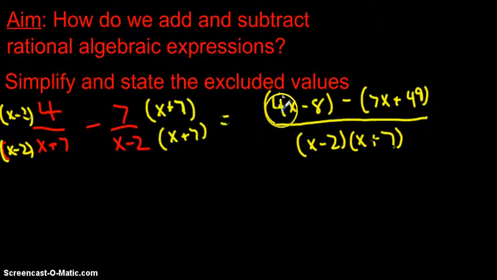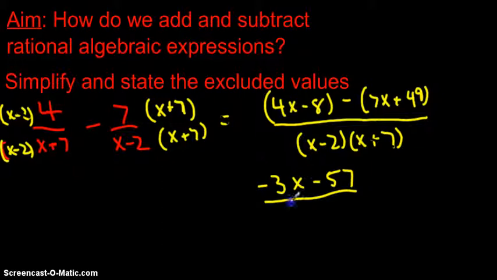So let's do subtractions. 4 minus 7 is negative 3, and negative 8 minus 49 is negative 57. All of this is over x minus 2 and x plus 7.